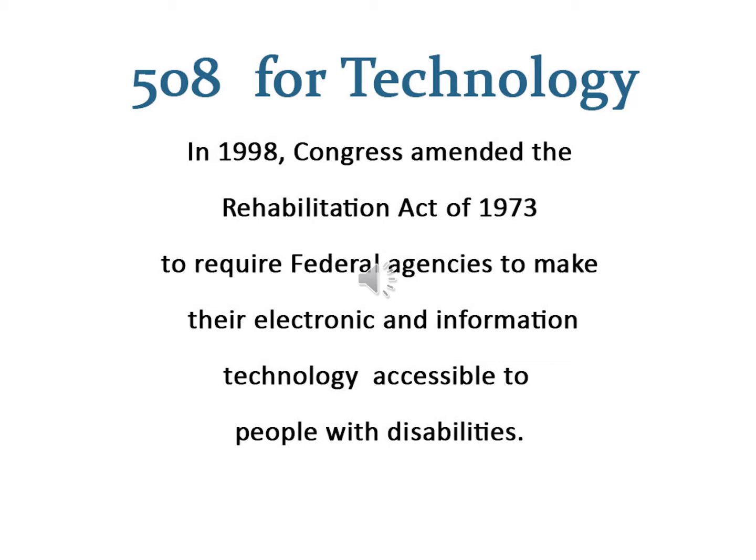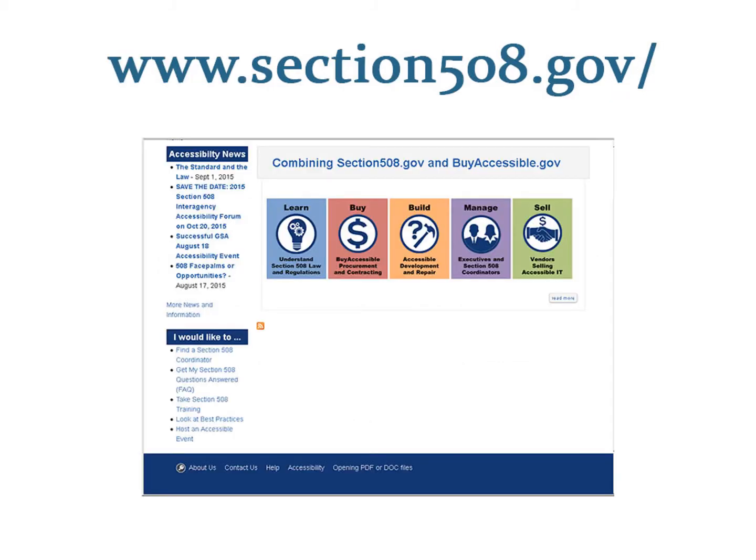In 1998, Congress amended the Rehabilitation Act of 1973 to require federal agencies to make their electronic and information technology accessible to people with disabilities. For more information, visit www.section508.gov.